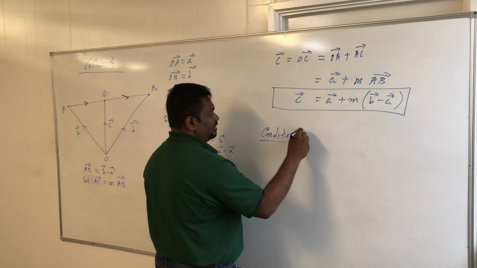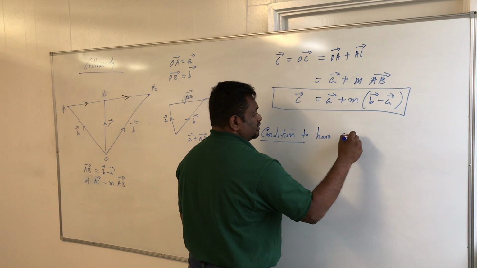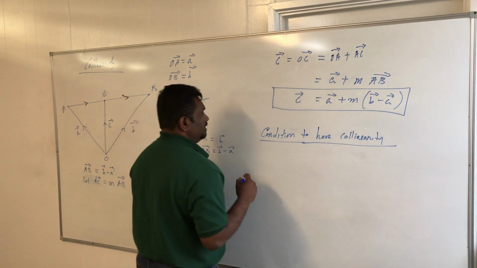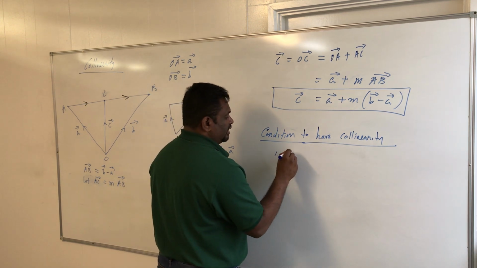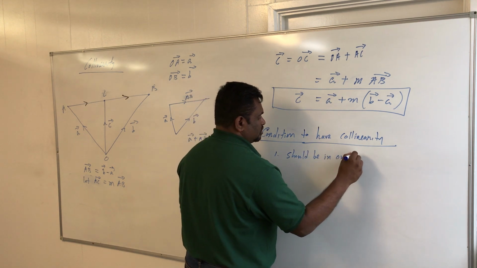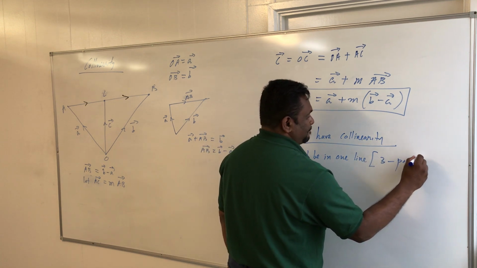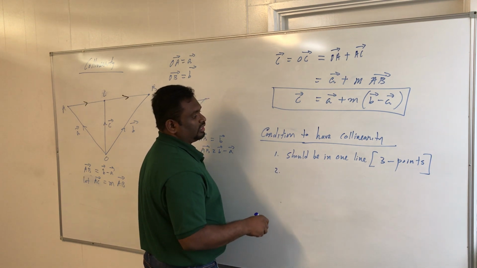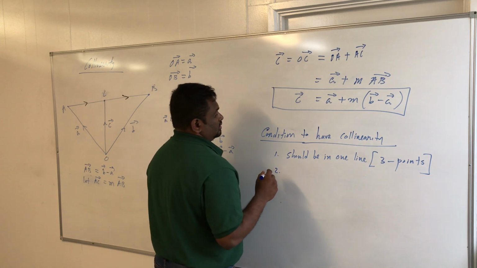Condition to have a collinearity. First condition is what? 3 points should be in one line. Second one?